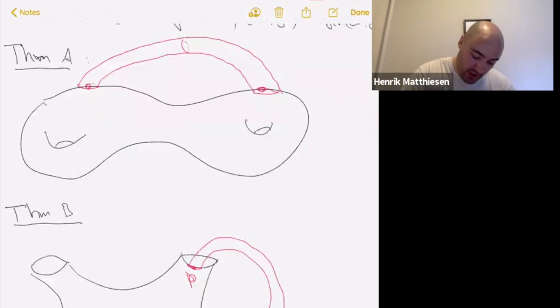So we can choose P and Q in the same or in different boundary components, and can also reverse orientation.